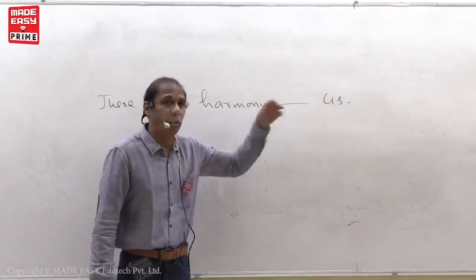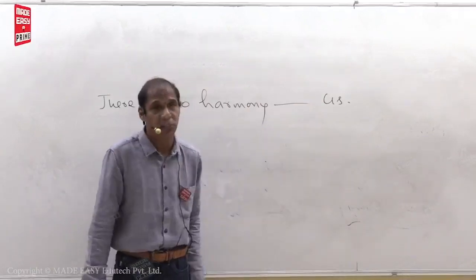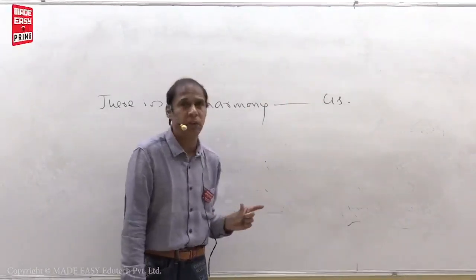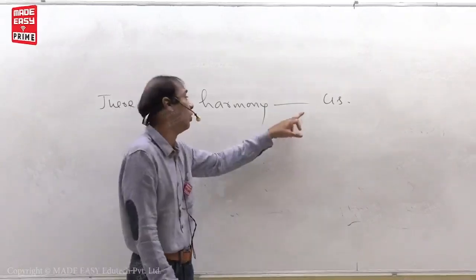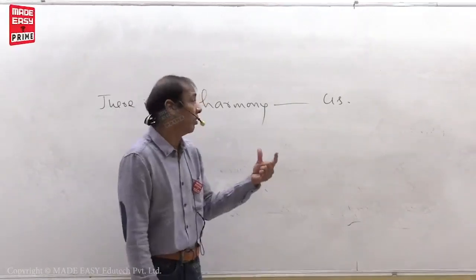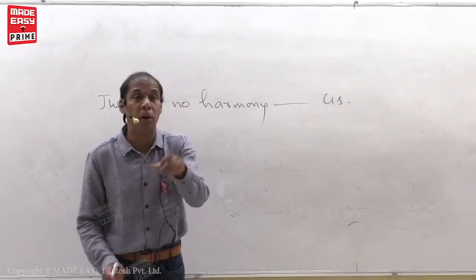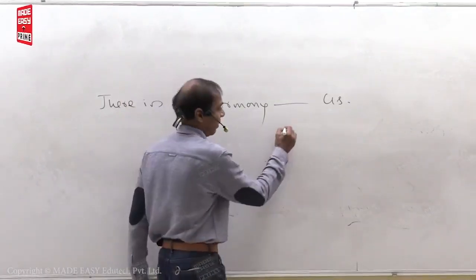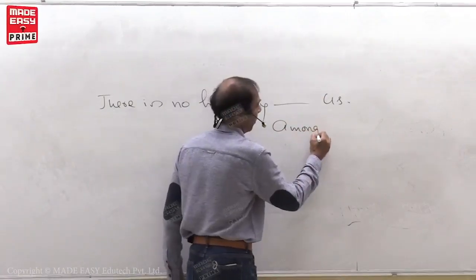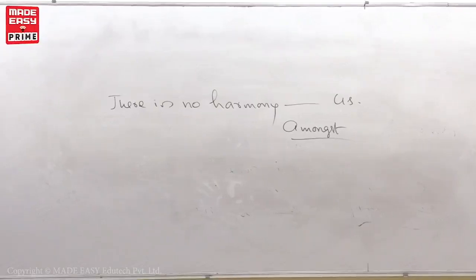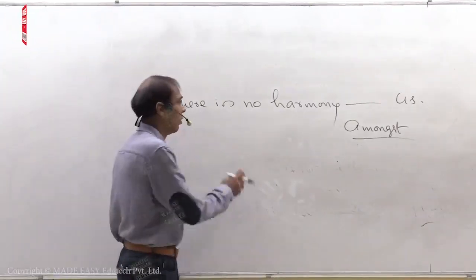The number is not specified, so actually you have to use among. But don't use among here, because if the sound of the word begins with vowels A, E, I, O, U, in the place of among, we have to use amongst. That's it. Okay, my students?